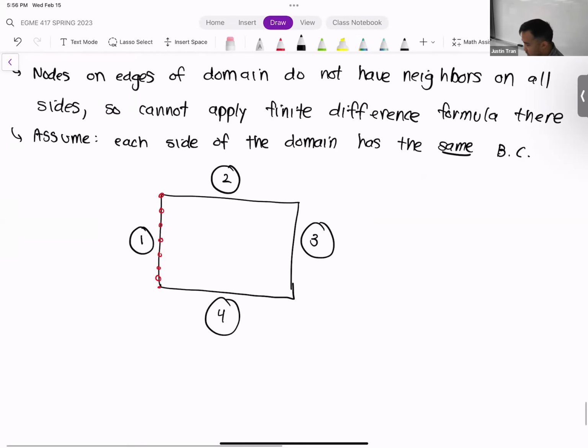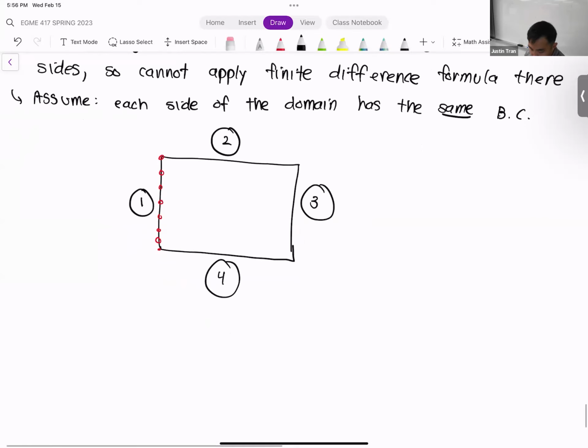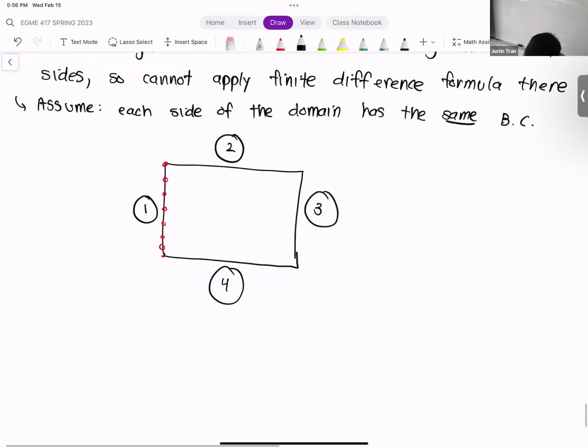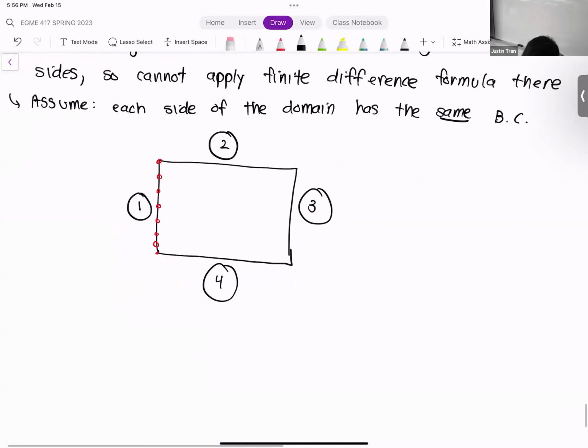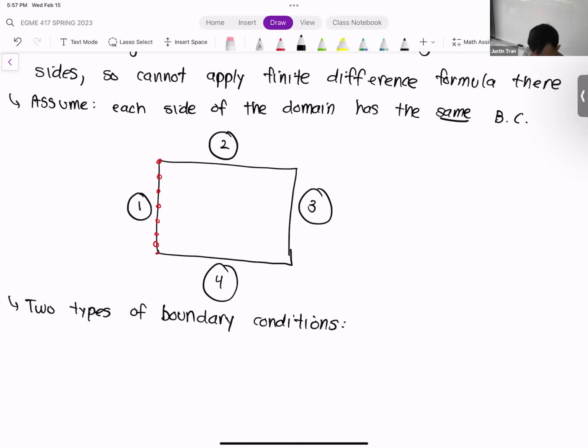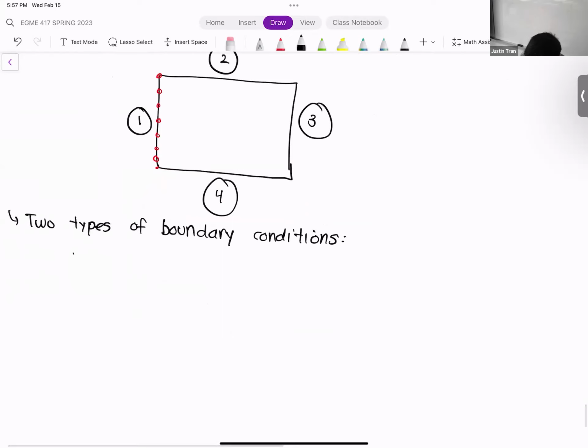And so just like we did before, we're going to have 2 types of boundary conditions: Dirichlet boundary conditions and Neumann boundary conditions.